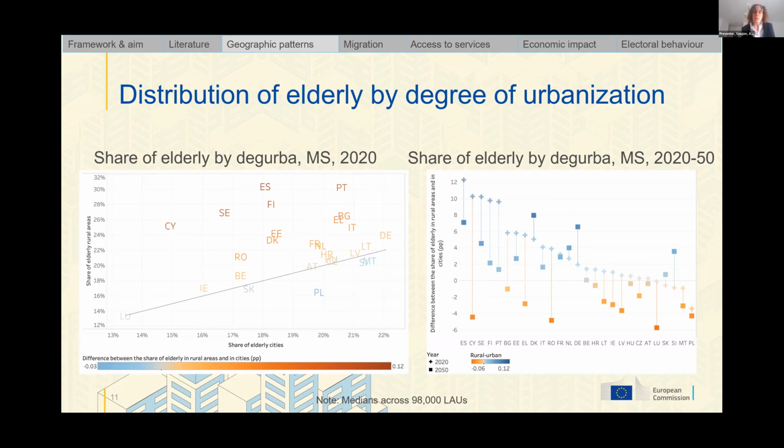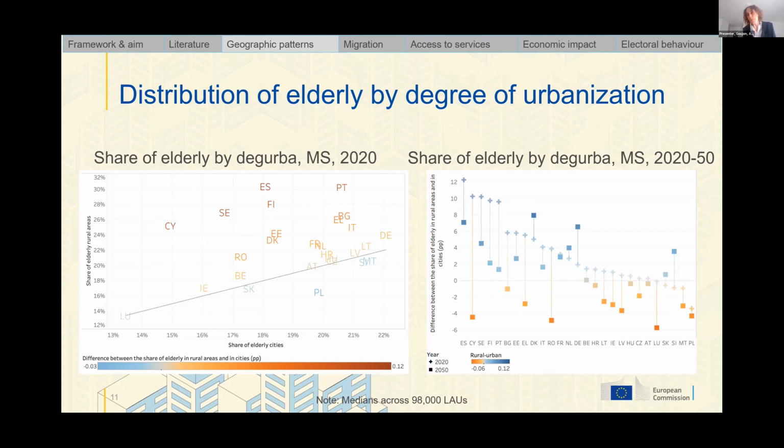When we look at the percentage point difference between the share of elderly in rural and urban areas in 2020, and in 2050, you see that the little square, which represents the data for 2050, is almost always below that value in 2020. Only for a few countries like Germany and Denmark would the difference increase.